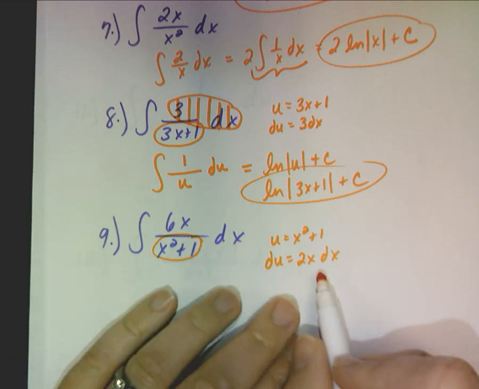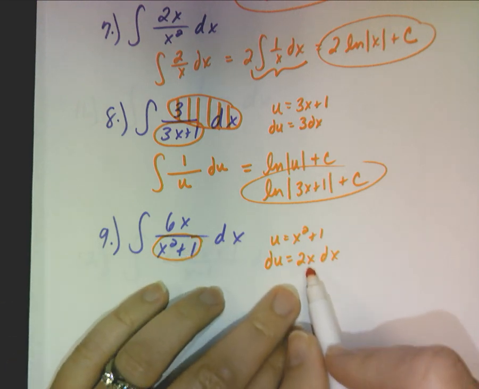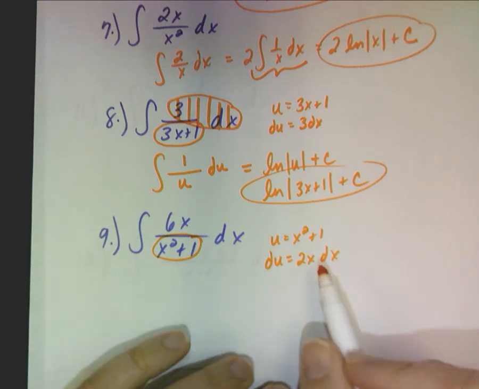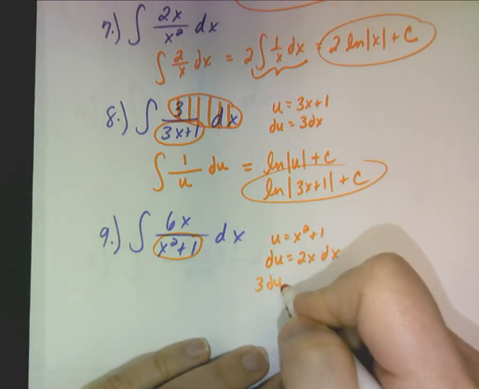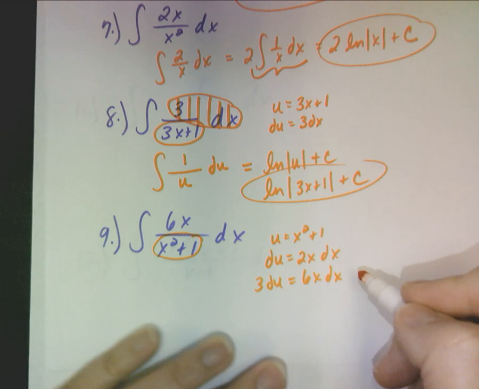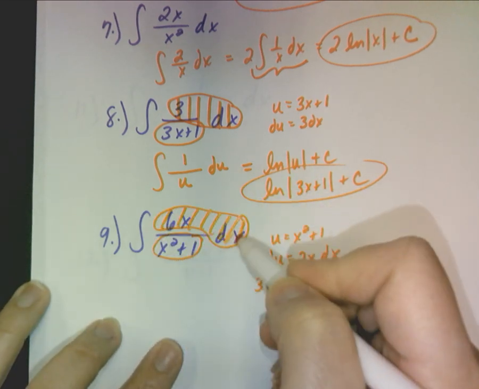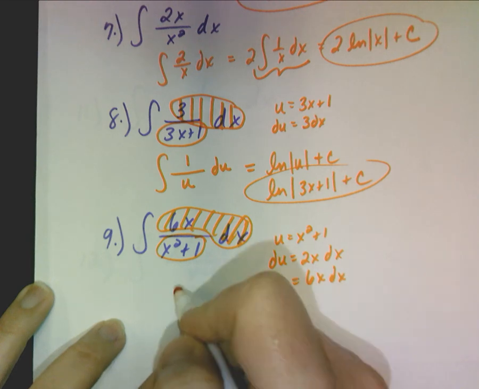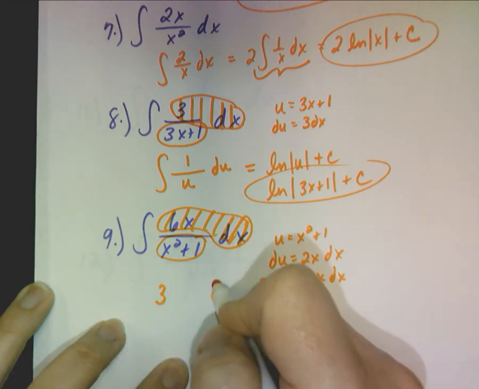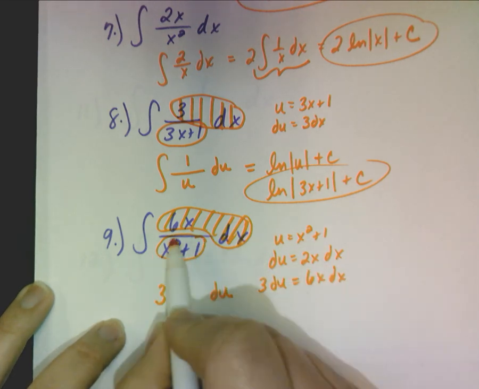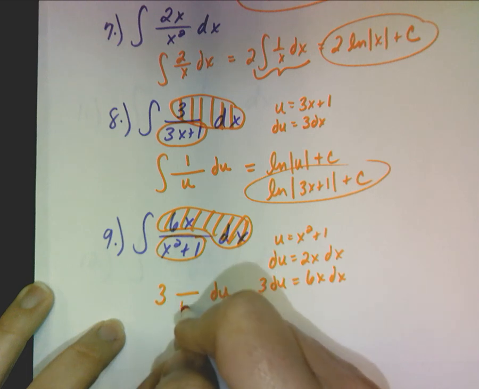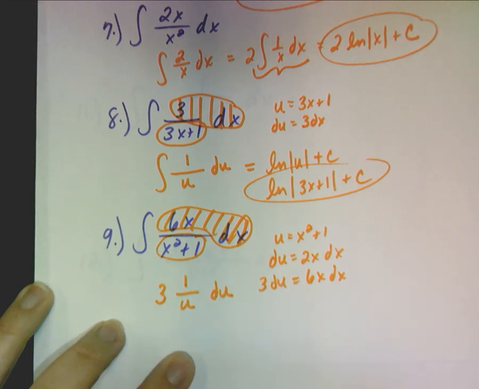Well, 2x, if I multiplied by 3, would be 6x. So this is really 3 du's. So this right here, cross it off, that is your 3 and your du. This is on the bottom as a u, and you put a 1 there.